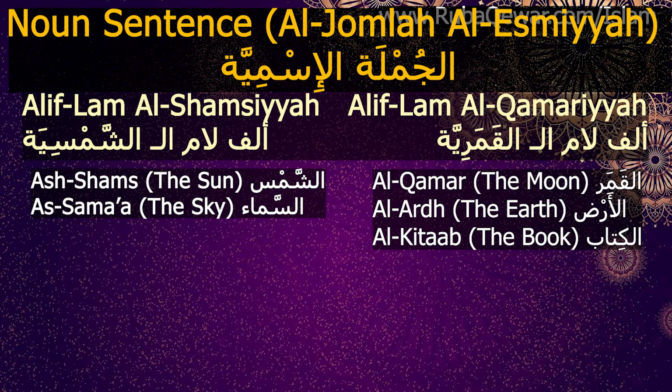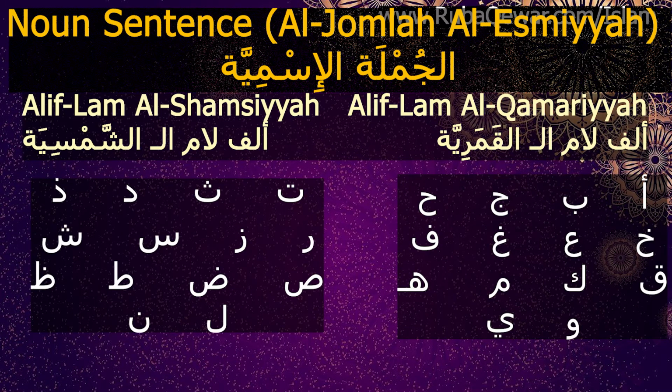Okay. So what are these letters that come after alif lam that makes qamariya, or what you know? Those are alif qamariya, ba qamariya, ta shamsiya, sa shamsiya, jim qamariya, ha قمرية, خاء قمرية, دال شمسية, ذال شمسية, را شمسية, زاي شمسية, سين, شين, صاد, ضاد.